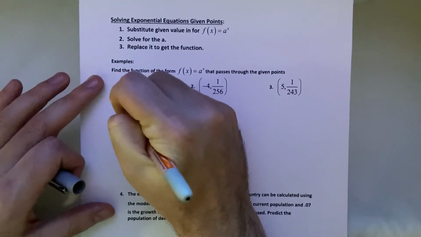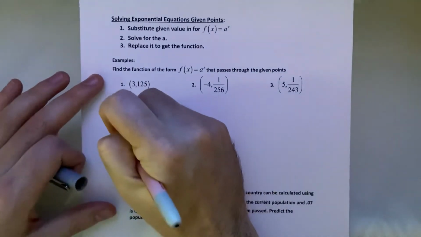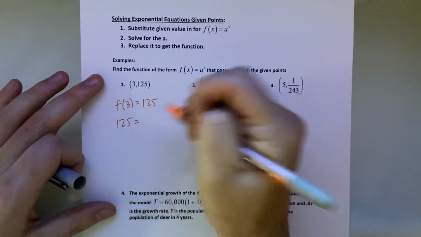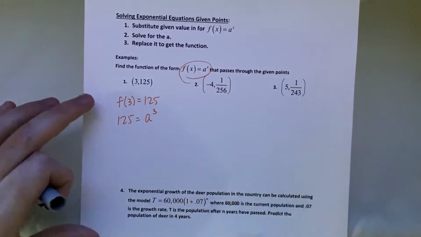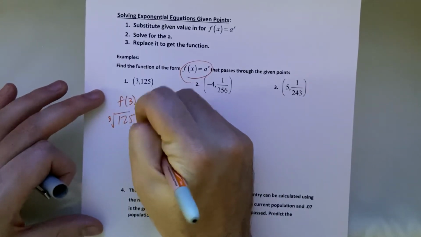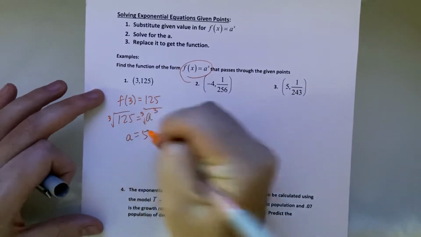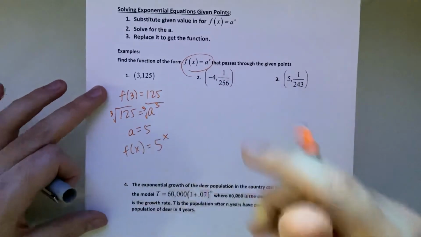So that means f of 3 equals 125, which means 125 has got to be equal to a to the 3rd power, because that's what goes in for x in this equation. Take the cube root to get rid of the cubed. You get a equals 5. So this function is actually 5 to the x power.